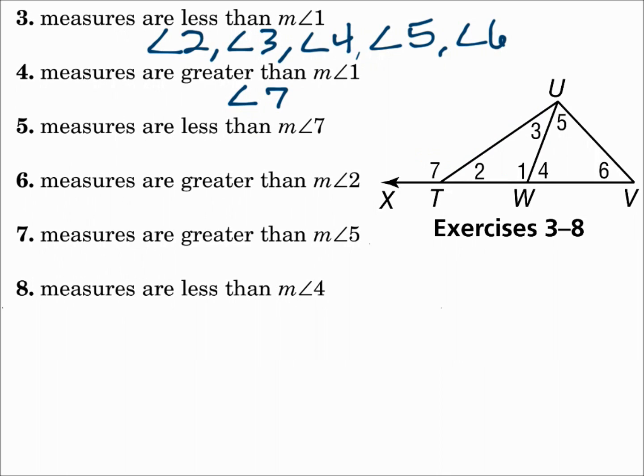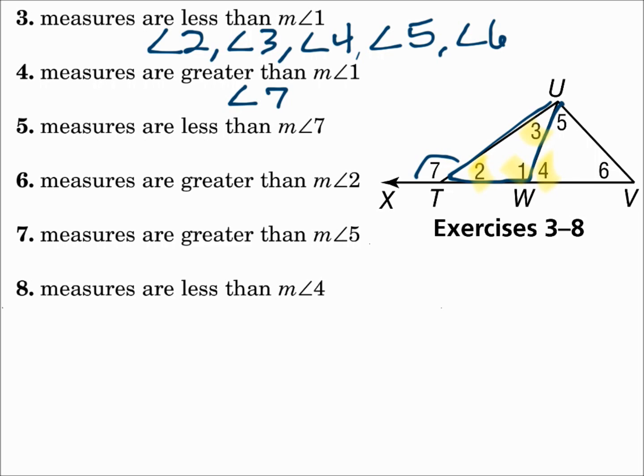Number 5, angles with measures less than the measure of angle 7. Well, angle 7 is an exterior angle to this triangle, so we know that the remote interior angles have measures less than angle 7. So we know angle 3 and 1 are less than angle 7. And also, since angle 7 is obtuse, then it's bigger than any acute angle in this picture.